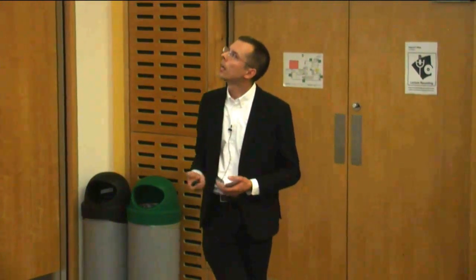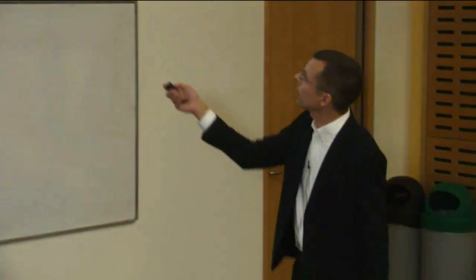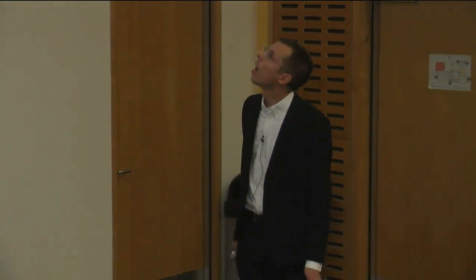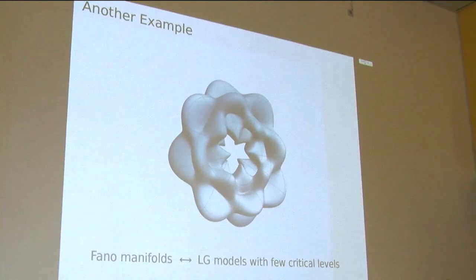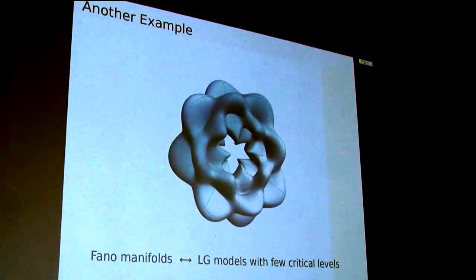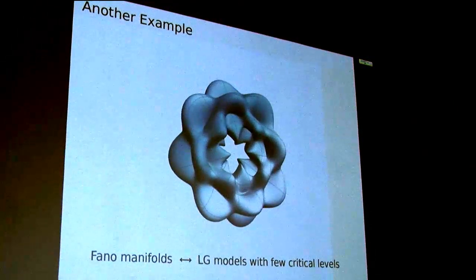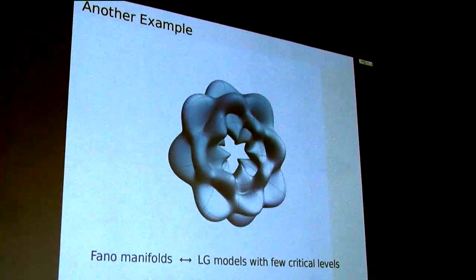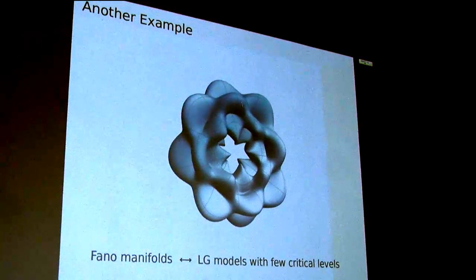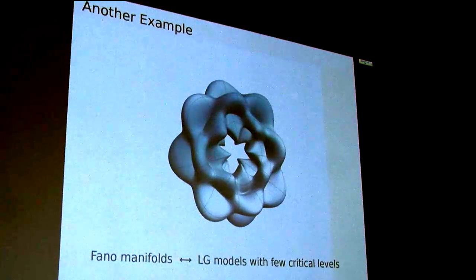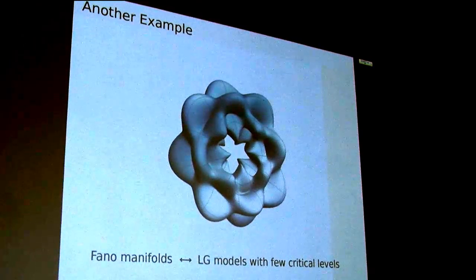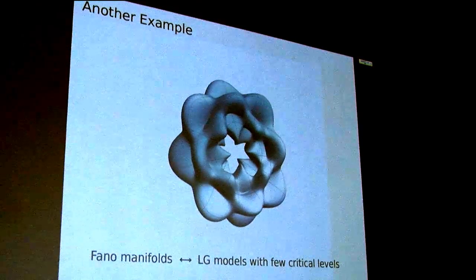Can I do another example? So suppose you found yourself a Landau-Ginzburg model, a sliced up shape like this. I claim that that definitely doesn't correspond to a Fano manifold because it's got huge numbers of mountain tops and huge numbers of valleys and mountain passes that I didn't really need.